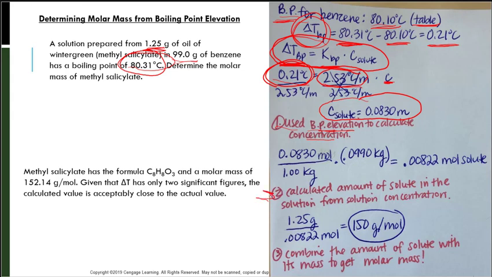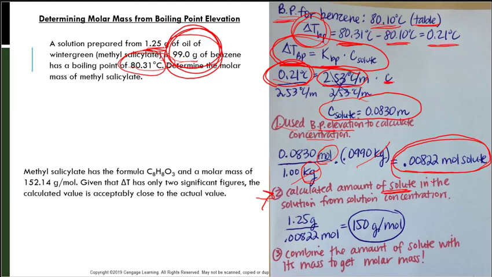The next thing we're going to do is find the amount of solute in the solution from the concentration. We know that we have 99 grams of benzene. Remember, molality is moles per kilogram. So I need to change that grams into kilograms to get rid of that denominator, telling me that I have this many moles of solute.